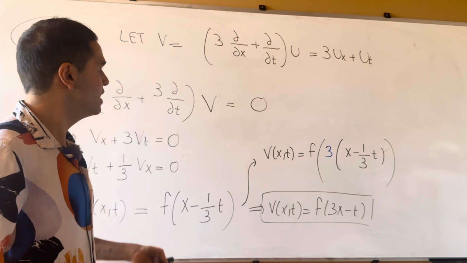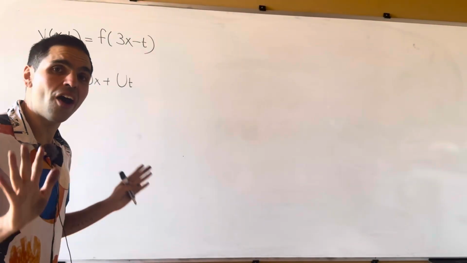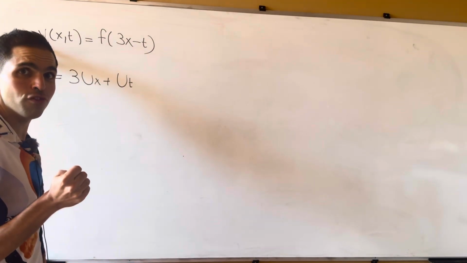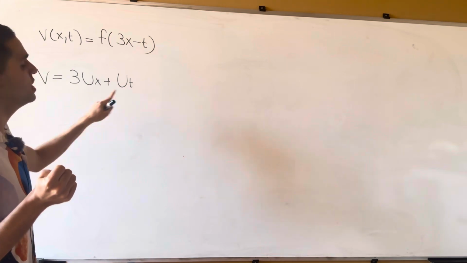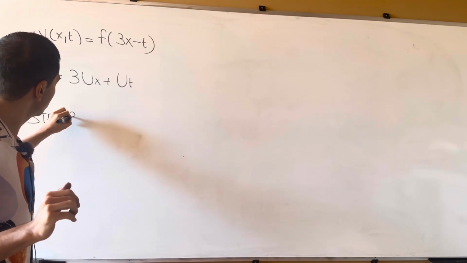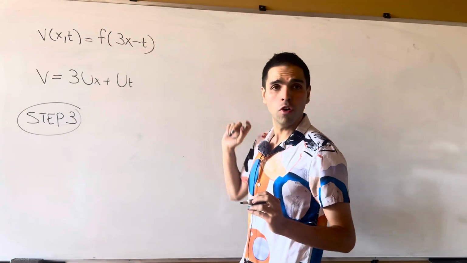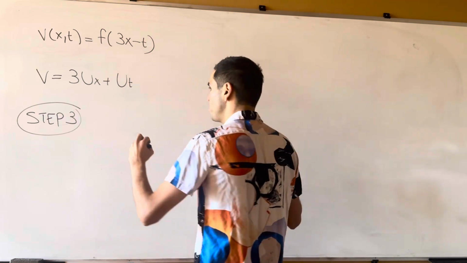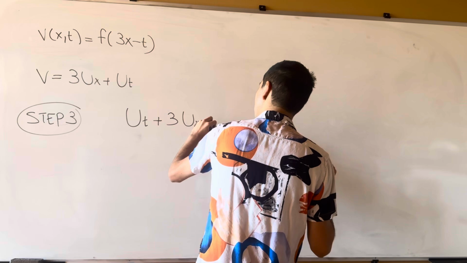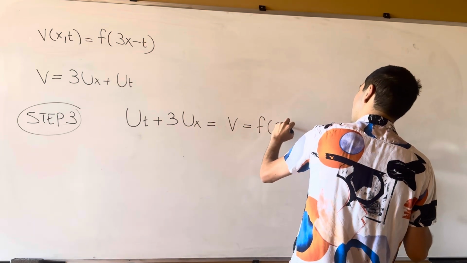Okay, very good. So we found our v, and now we just need to find u. Now I would like to remind you, what have we found so far? We found an expression for v, and also we wrote v in terms of u. And so for the last step, we need to solve for u. But notice now we have an inhomogeneous first order PDE for u because we have u_t + 3u_x, which is v, which is really f(3x − t).